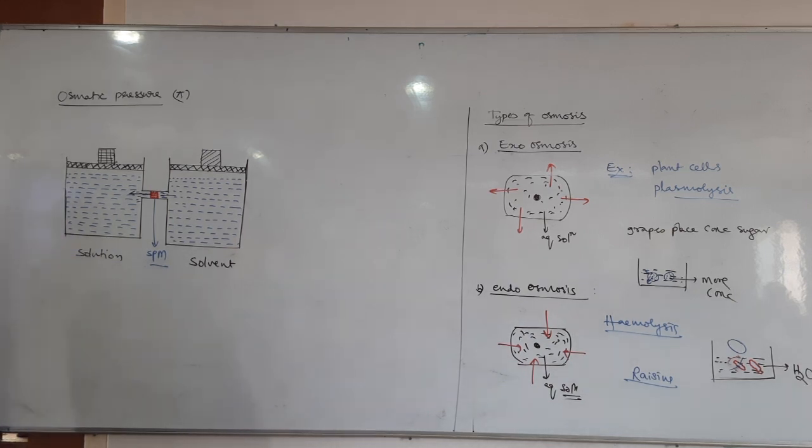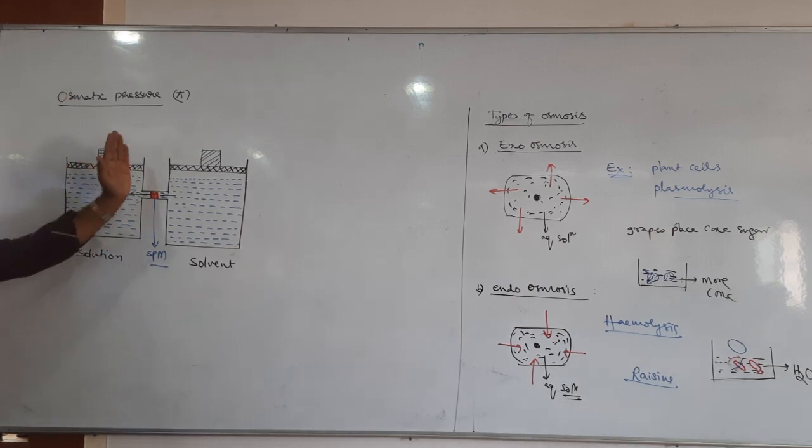Is osmotic pressure applied on the solution compartment or the solvent compartment? It must be on the solution compartment, because solvent is flowing from the solvent compartment to the solution compartment. If you apply pressure on the solution compartment, only then will the flow of solvent be stopped.